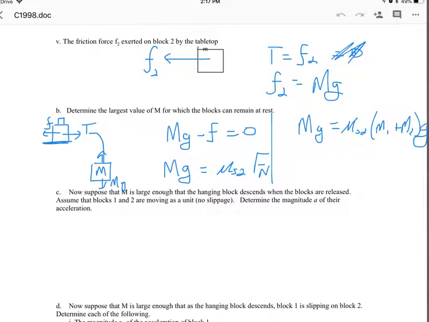Hopefully that's in the video. And then the g's cancel on each side, so that the answer is big M is mu static 2 times m1 plus m2. This is a mu. Doesn't look like it.